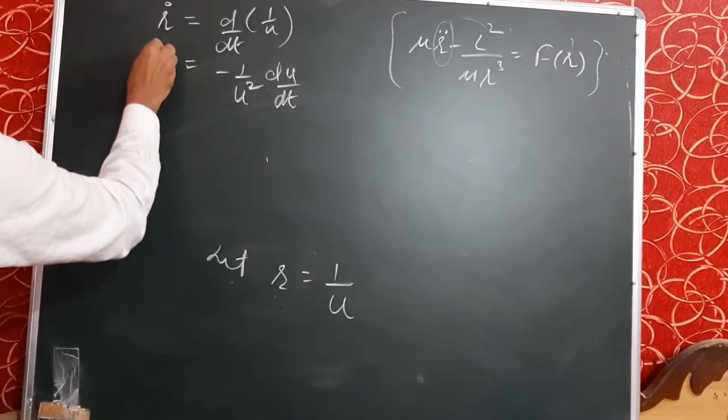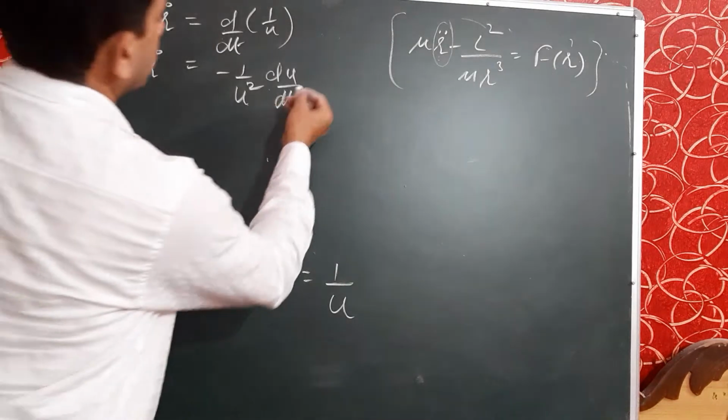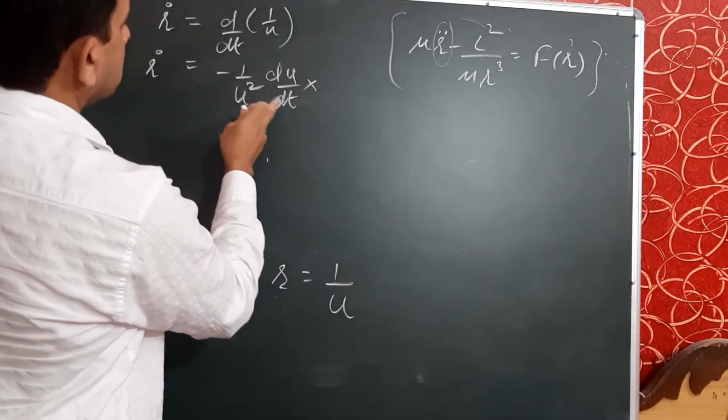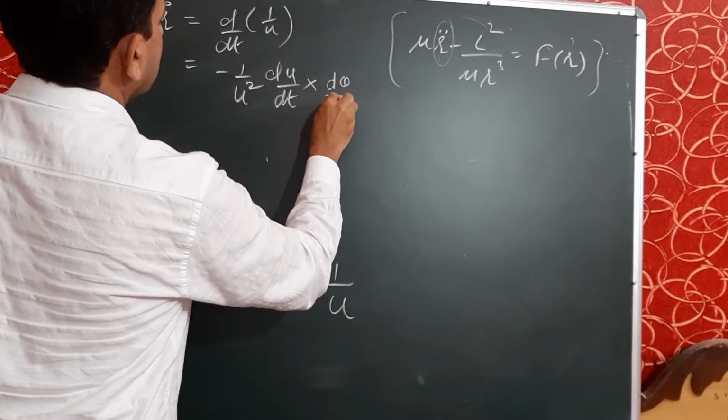This is r dot, but we have to convert this equation into u theta form. So, we will multiply the right hand side by d theta and divide by d theta.